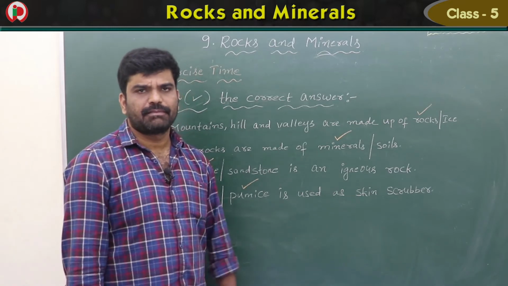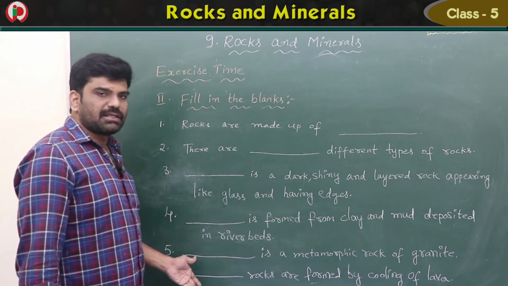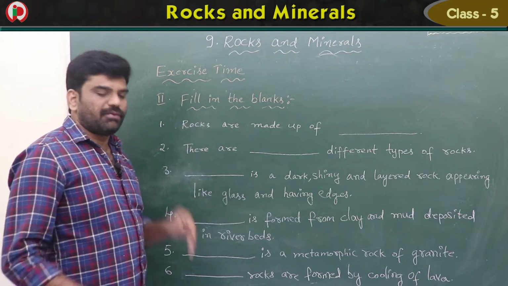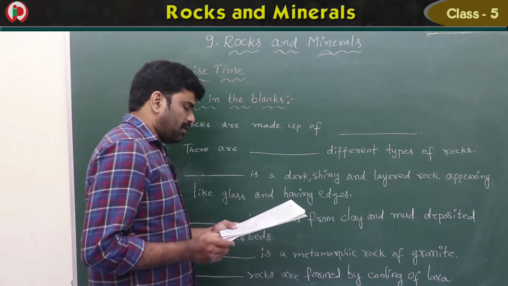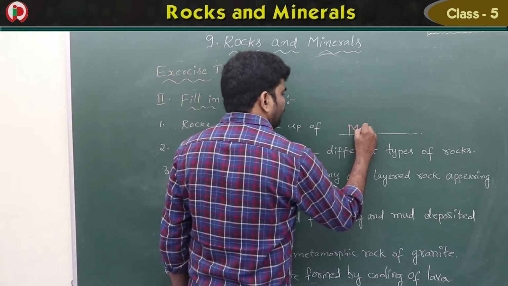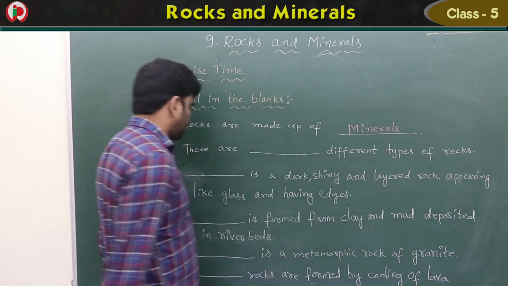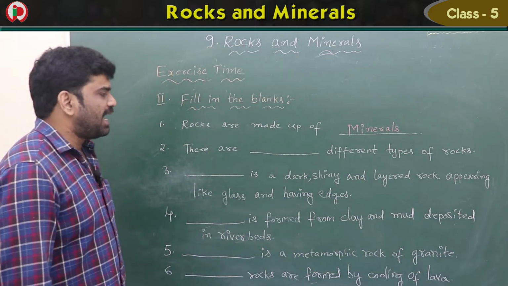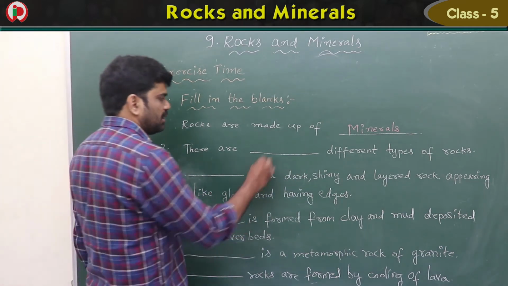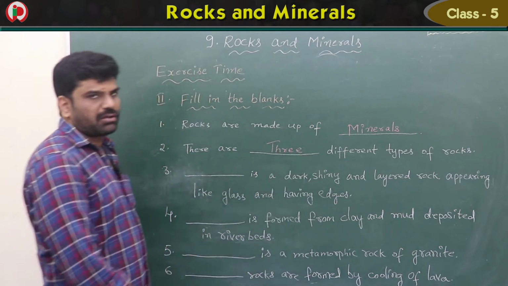Children, now see second bit, fill in the blanks. So 6 blanks are there. Now let us see. Rocks are made up of minerals. Second one, there are three different types of rocks.